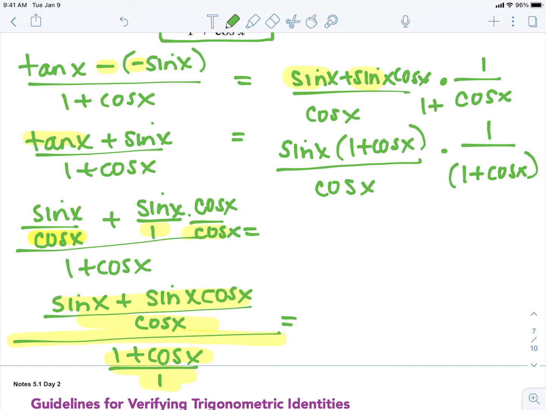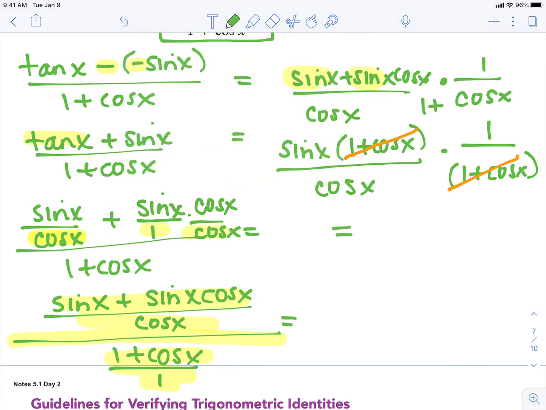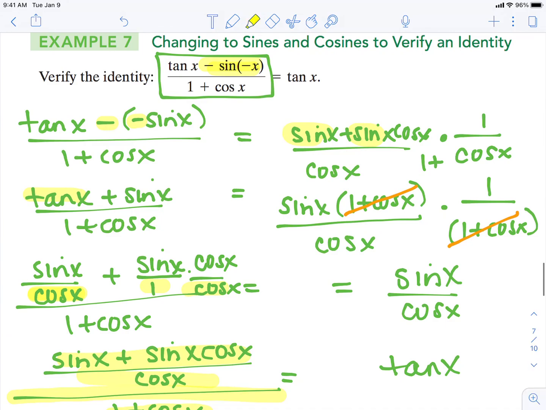What is that common factor? That common factor is a 1 plus the cosine of x. So those can cancel out to 1. Now we have the sine of x over the cosine of x. And then our last step is to use our quotient identity, which is the tangent of x. So we have now proven that these are identities.